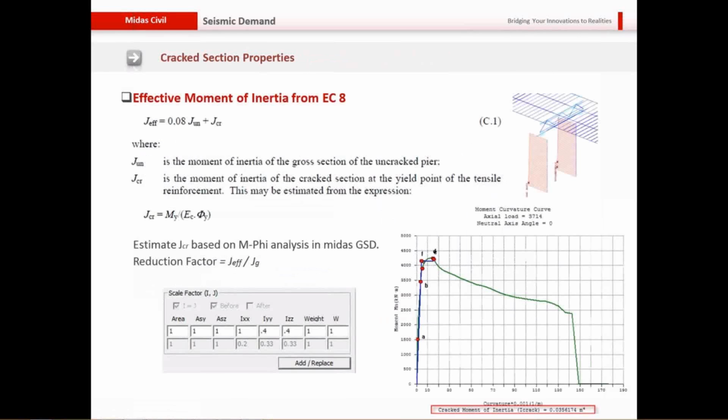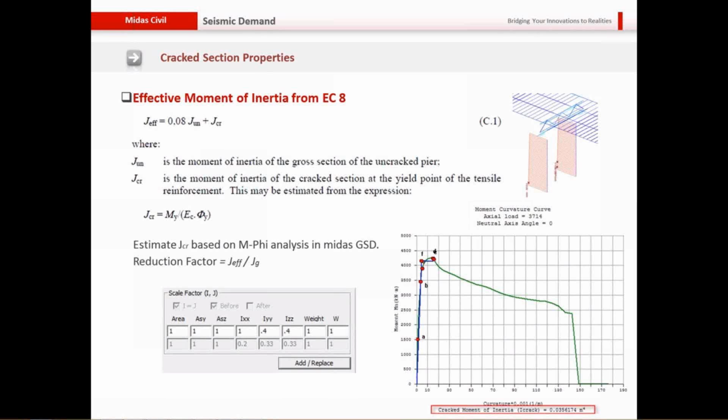Coming on to cracked section properties. When you're doing seismic analysis, it is a given that the bridge sections are assumed to be cracked, whereas for linear elastic analysis, the bridge sections are assumed to be non-cracked for the various loadings.